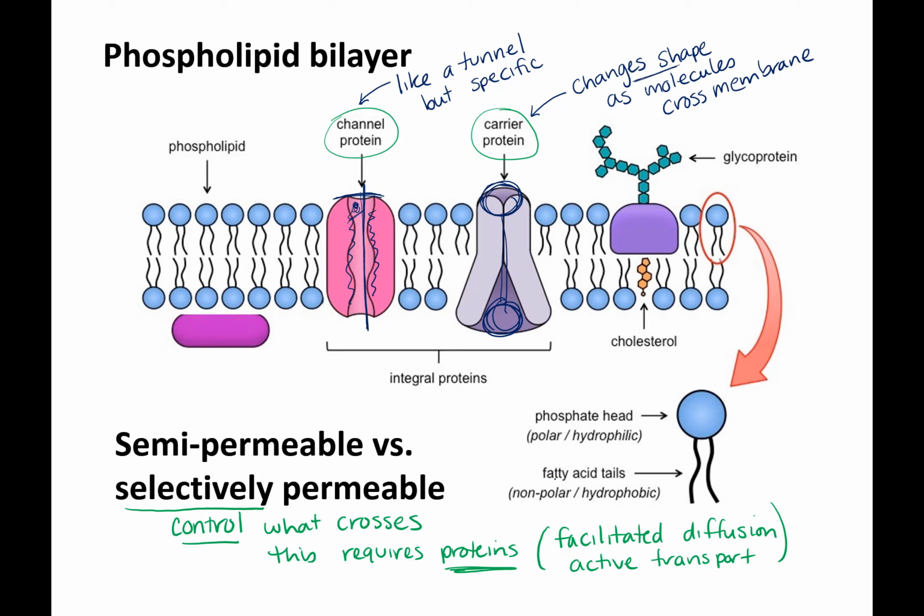So that's really the big difference between channel and carrier proteins. Both can be part of facilitated diffusion. For active transport, we are using something called a pump, and that's a type of carrier protein.